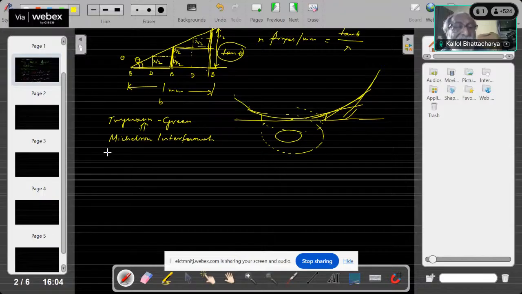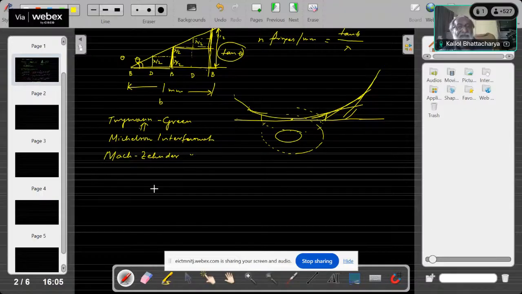Then you can have a Mach-Zehnder interferometer. In fact, Michelson and Mach-Zehnder are the most common types of interferometers you would encounter in quantum optics experiments. Okay, so let us discuss the Mach-Zehnder interferometer a bit.